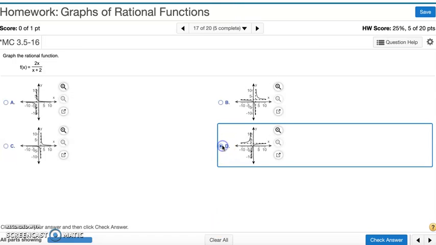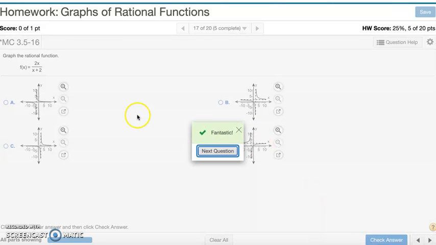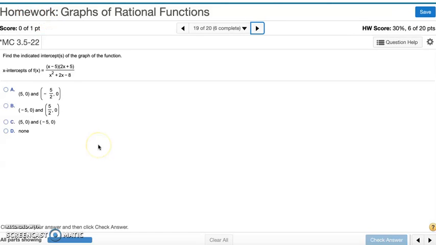So it will be D. And that's number 17. Number 19, find the indicated intercepts of the graph of the function.